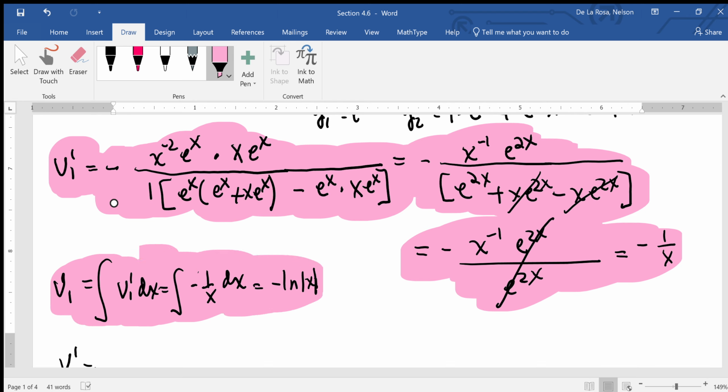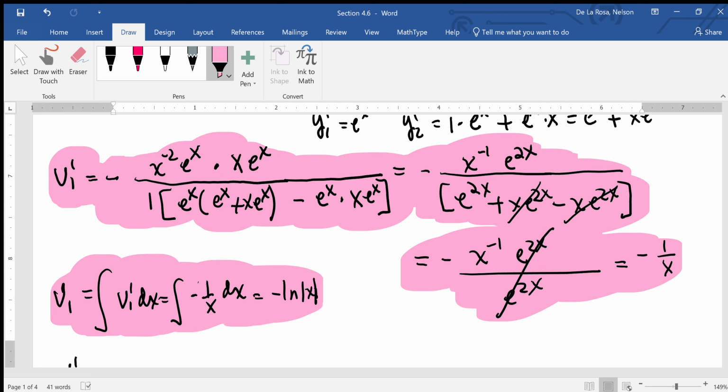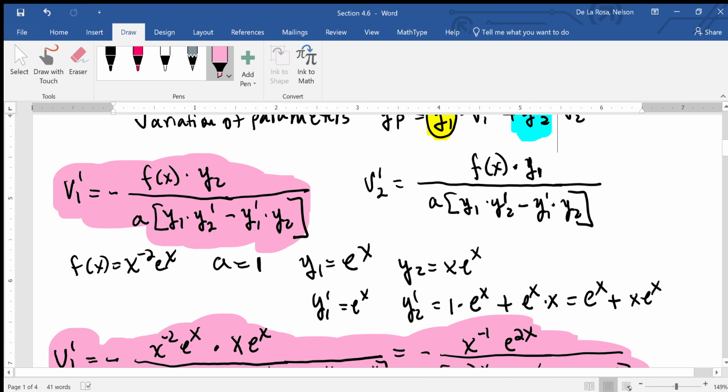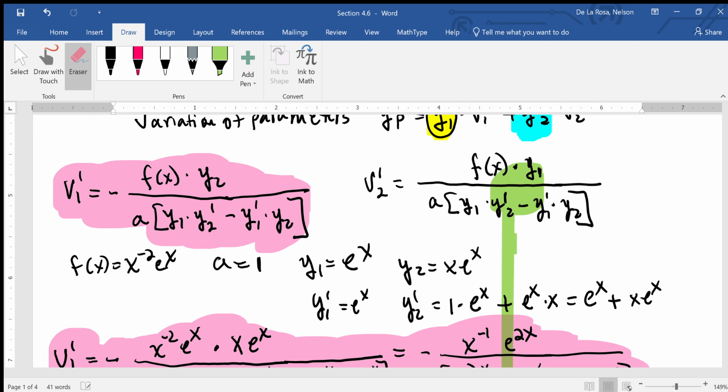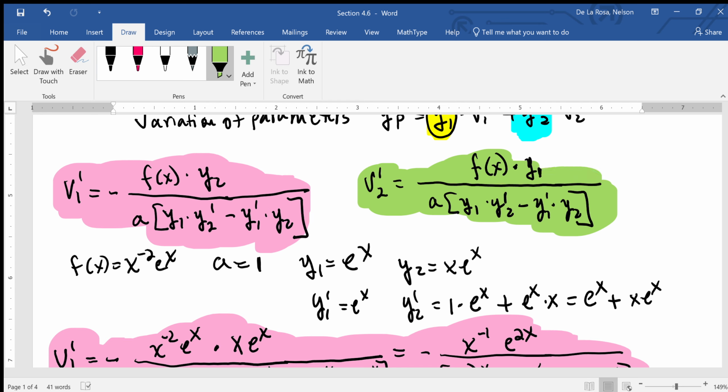Now it is time to find v2. To find v2, first of all we have to find v2 prime using this formula that I'm shading now in green.